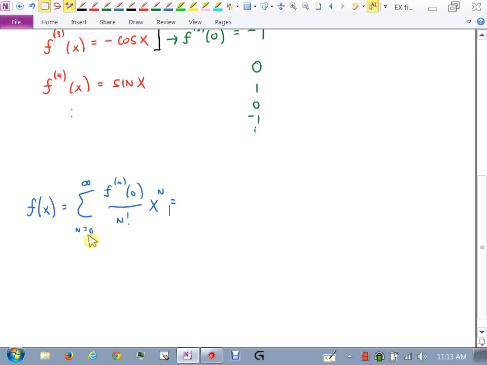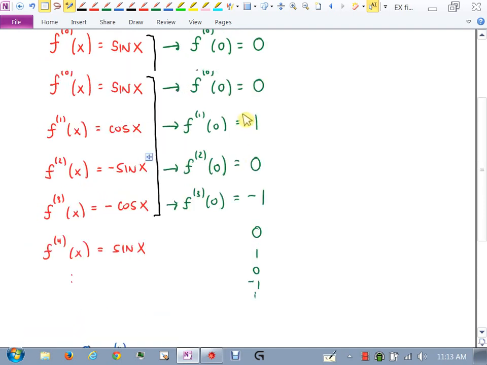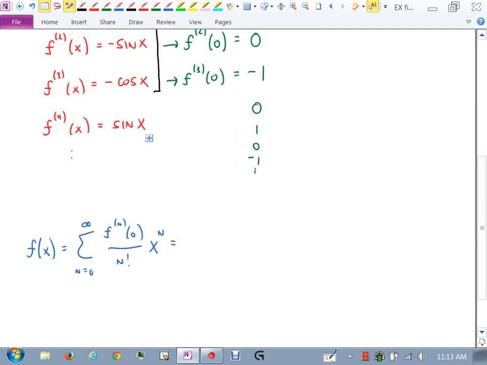So when n is 0, what was our derivative up here at 0? It was 0. So we're going to get 0 over 0 factorial, I'm already done, but I'm just writing it out, and then x to the 0. So that's my first term. Now I move to the second term with n being 1.